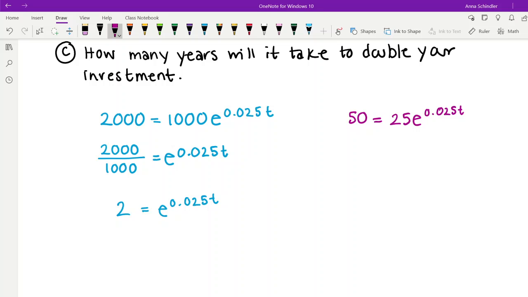So if you were solving this equation, you would divide both sides by 25 and you would get 50 over 25 is equal to e to the 0.025 t. And the 50 over 25 would still simplify to 2.